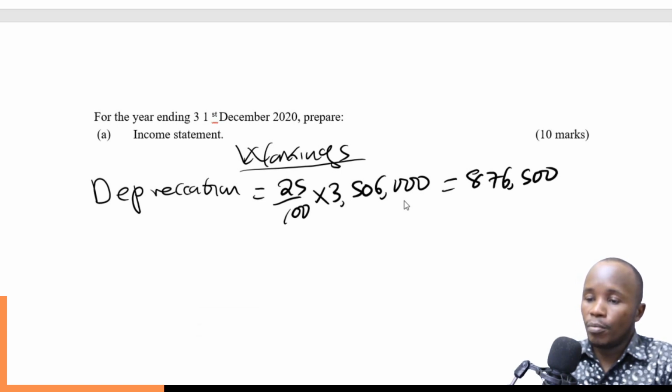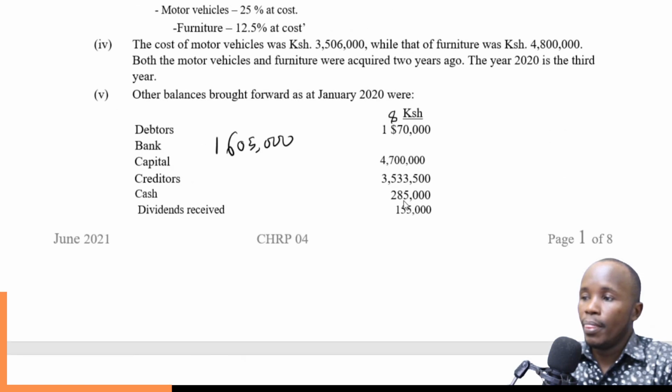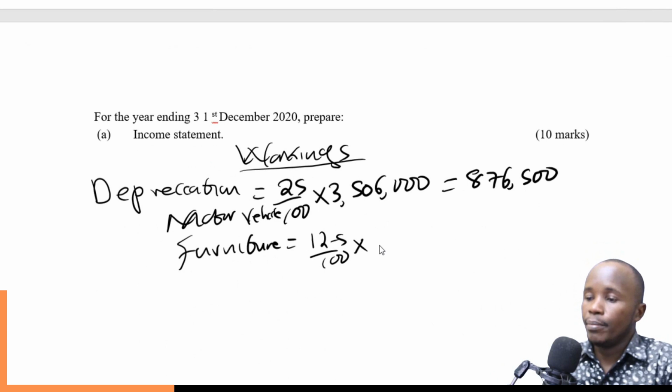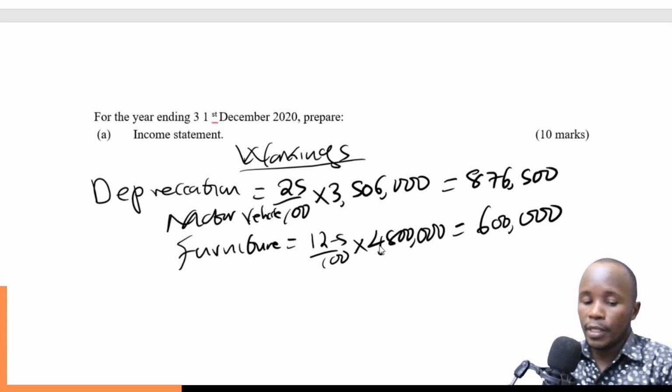This is on motor vehicle. Let's look at the furniture. The furniture is 12.5% times 4.8 million. If you find 0.125 times 4.8 million, it gives me 600,000. Now, that is it.